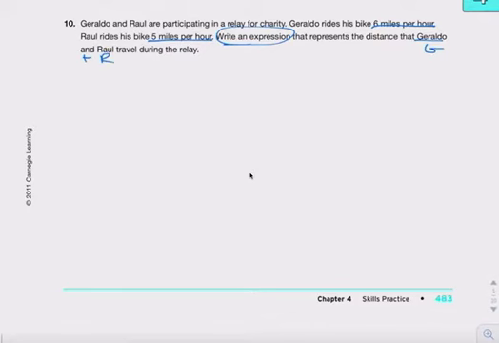Okay, Gerardo rides 6 miles per hour. X represents the number of hours Gerardo rides the bike.